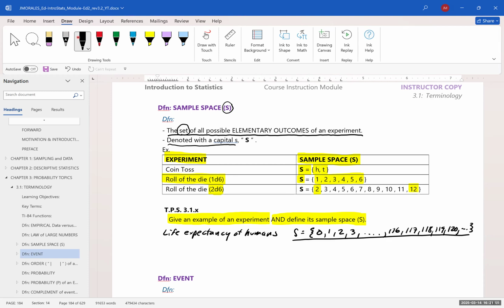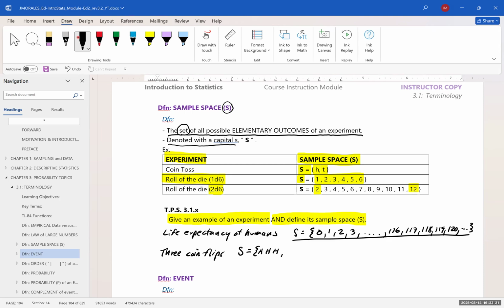How about the sample space for 3 coin flips? What if you were to flip 3 coins at once? Well, all 3 coins could come up heads.